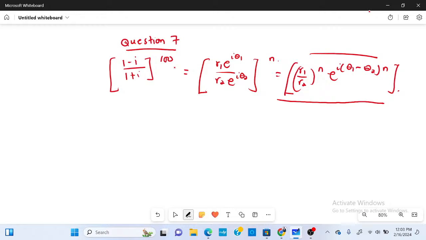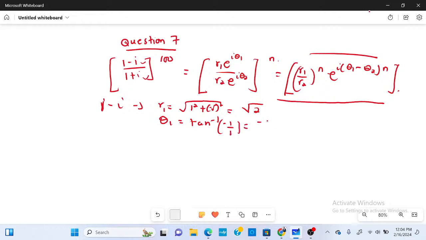So you can actually see that I'm to convert this to polar form, this to polar form. So 1 minus I in polar form, what are you going to get? R will be equal to square root of 1 squared plus negative 1 all squared, and that will give us square root of 2. Theta, so this R1, theta 1 is equal to tan inverse of negative 1 on 1. That is simply giving us negative pi on 4.